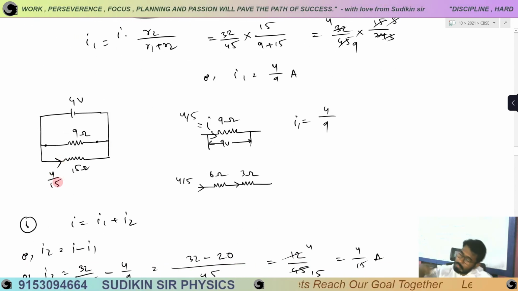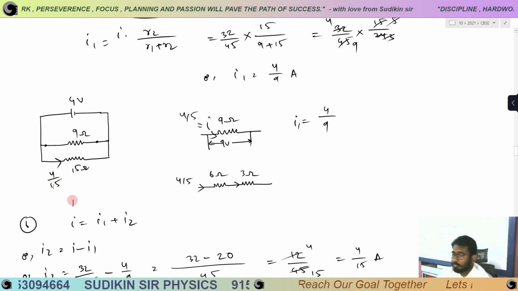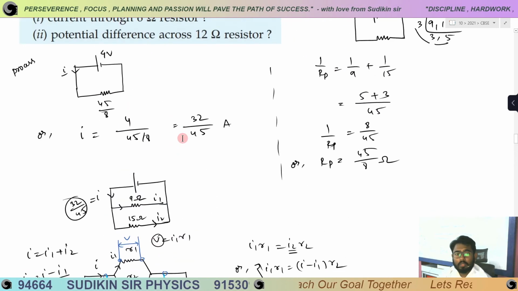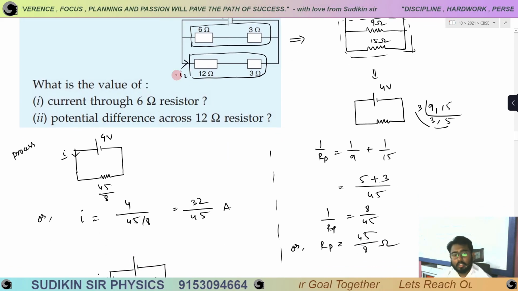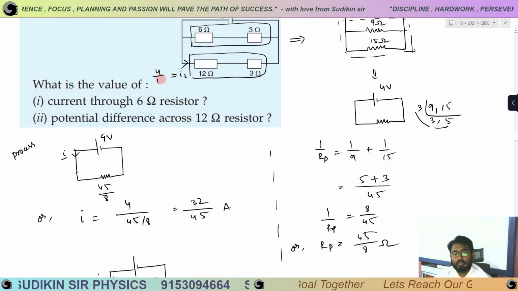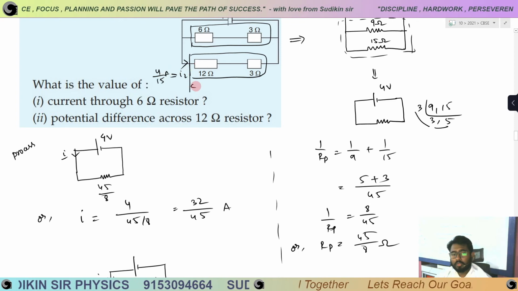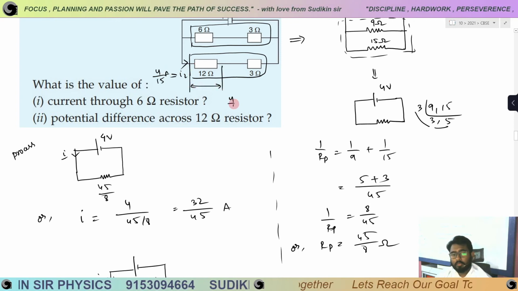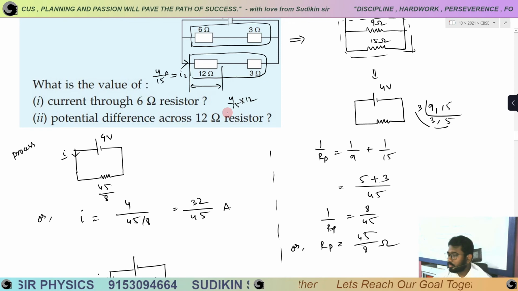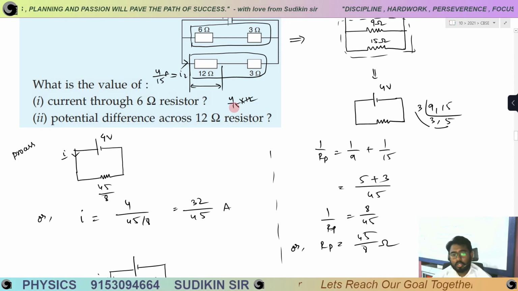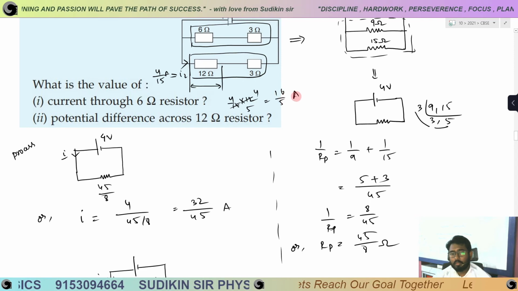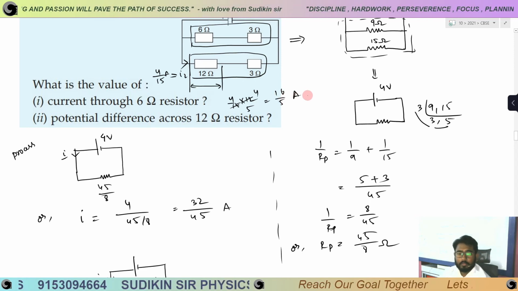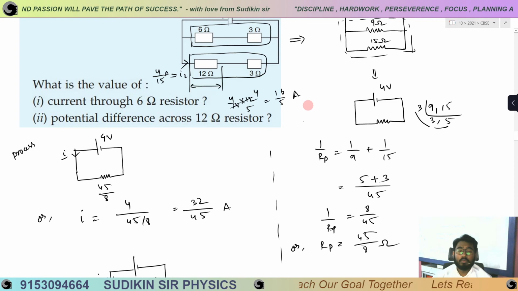Now the current through 15 ohm is 4 by 15, right? That means this is the same current that is going through 12 ohm, because 15 ohm is made by adding 12 ohm and 3 ohm altogether. So if the current is 4 by 15 ampere and if it is 12 ohm, so what is the voltage? Simply 4 by 15 times 12. Are we clear? So if I cancel it, this will be 4, this will be 5, that will be 16 by 5 volt.